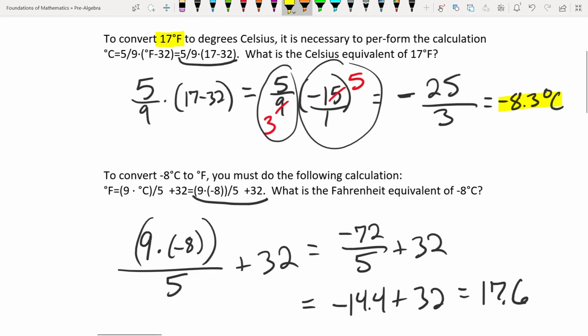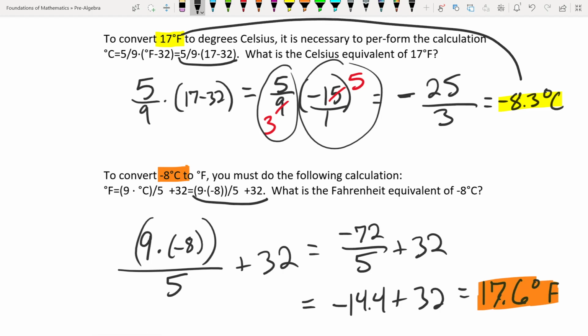And then negative 8 degrees Celsius is 17.6 degrees Fahrenheit. Which makes sense, right? 17 goes to negative 8.3.